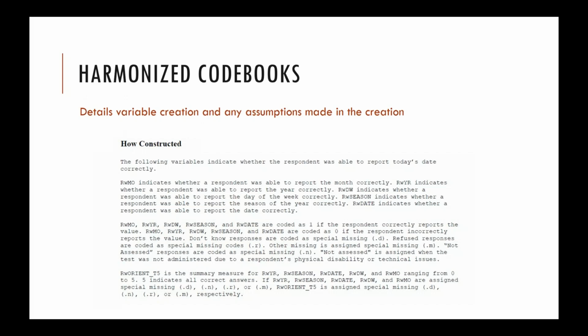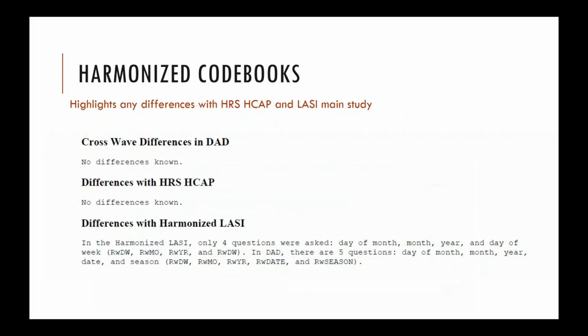We also explain how we construct the variable, how we define it, and the assumptions we use to create this constructed variable. So you can look into all the text, which we carefully prepare for you to reference for that variable. We highlight any difference with other studies.